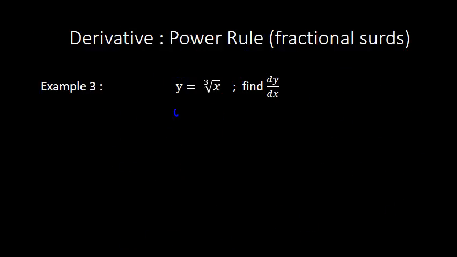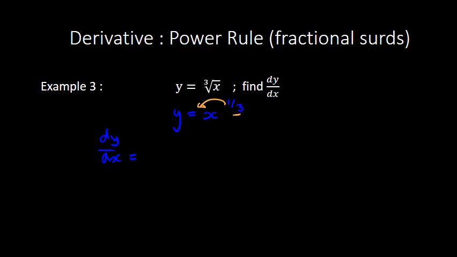The third example works on the basis that the expression for y can be rewritten from surd form into index form, and we would then proceed to find the derivative based on the idea that we're going to bring the old power down the front and take 1 off the old power.